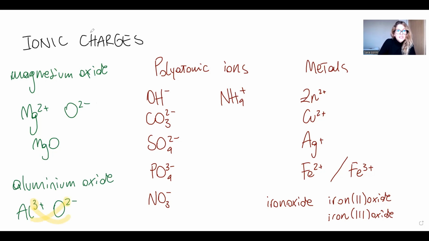We would write this as aluminium little 2, oxide little 3. Essentially, we've made aluminium 6+ and oxygen 6- overall, so that they balance out. This drop and cross is also useful for polyatomic ions because we need to balance these charges.